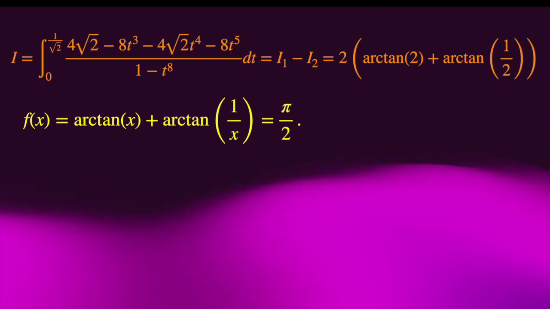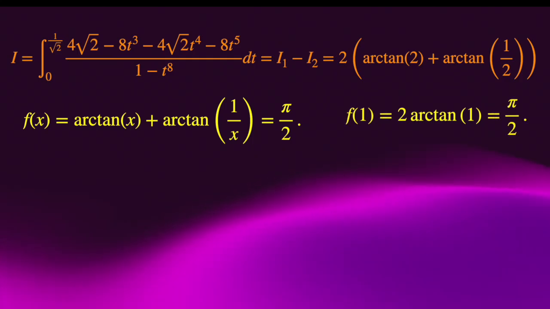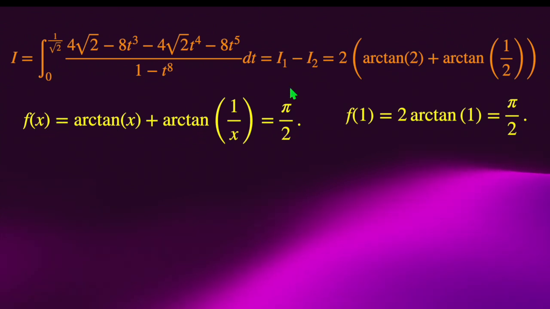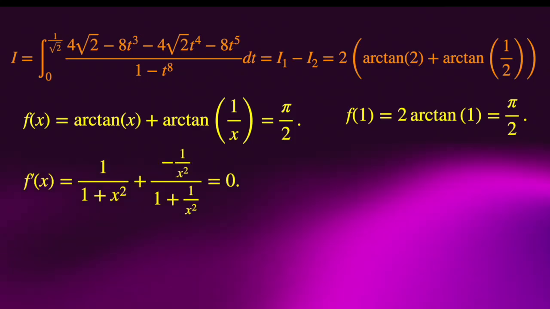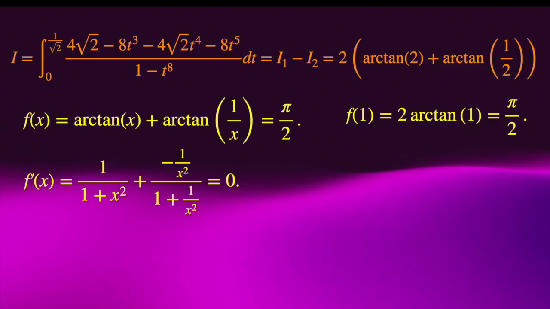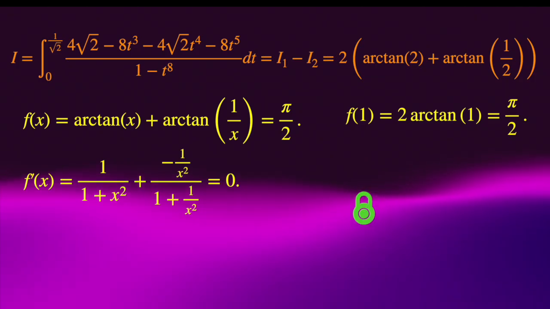To do so, we have that f of 1 is equal to pi over 2, and we will show that the derivative of this function is equal to 0, so this function will be constant equal to f of 1, and we have done. Let's compute the derivative. The derivative is easy to compute, and we get equal to 0, and we have done. So we have computed our integral.